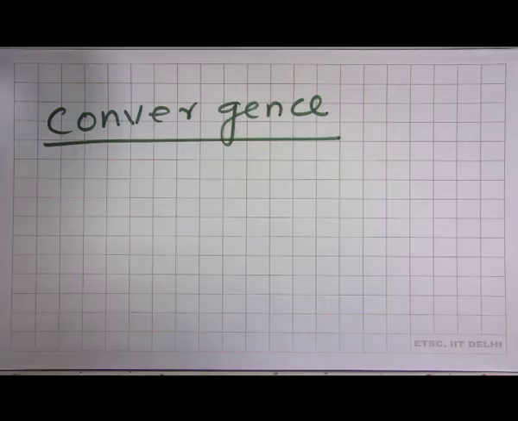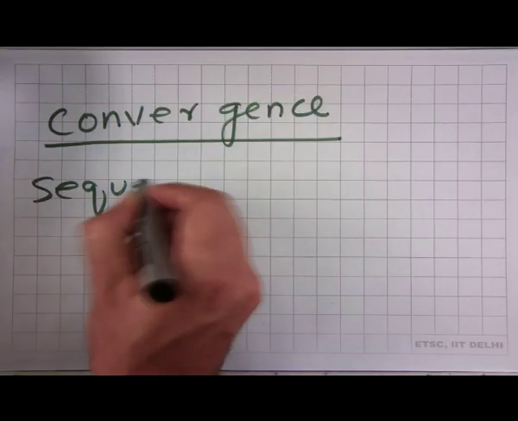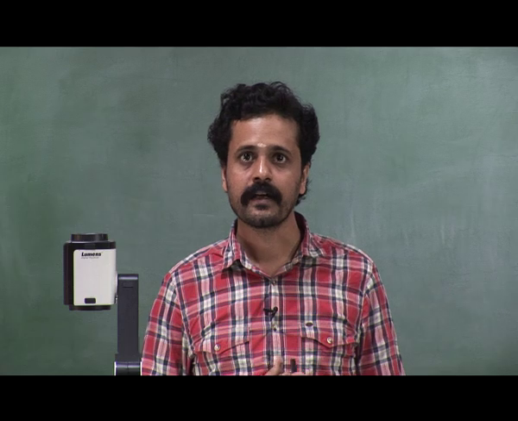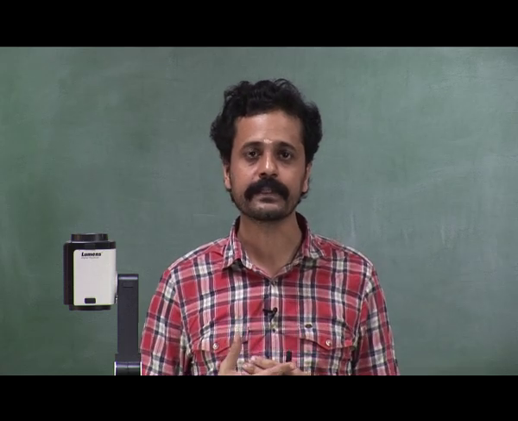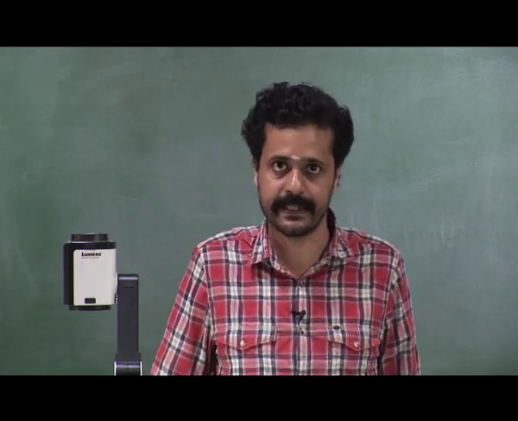The convergence word is attached with both sequence and series. Convergence for a sequence is something that says what happens to the sequence as you progress towards tail end of the sequence.